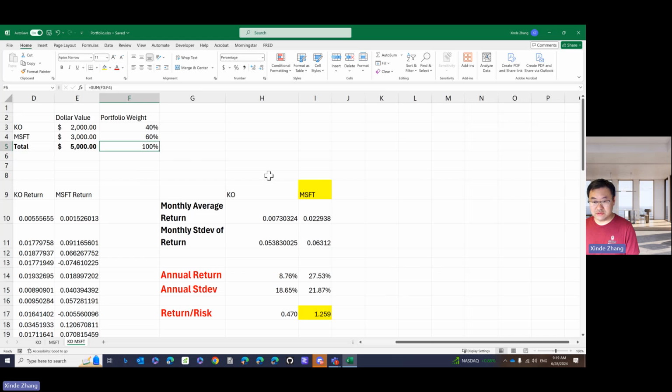The exercise that we're going to do for today is, if 40% and 60% were the portfolio weights at the beginning, what is going to be the so-called portfolio return?